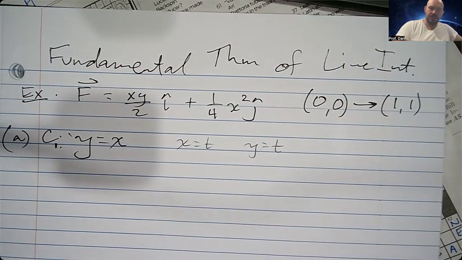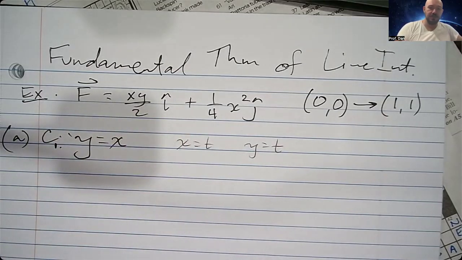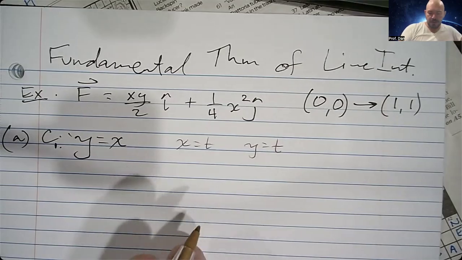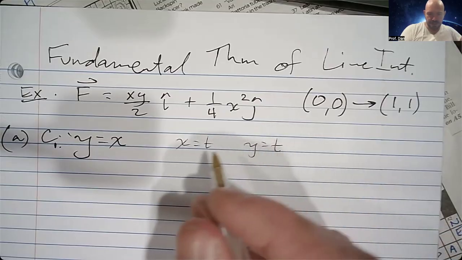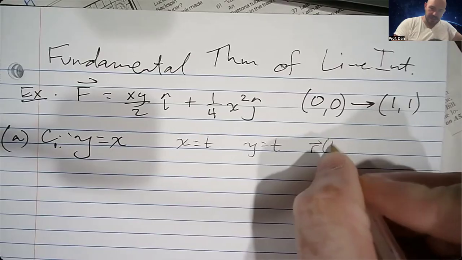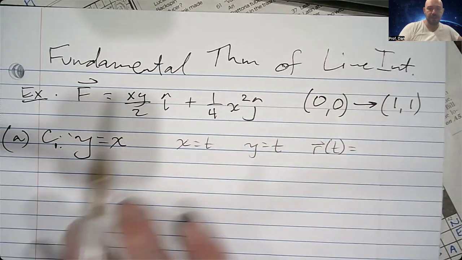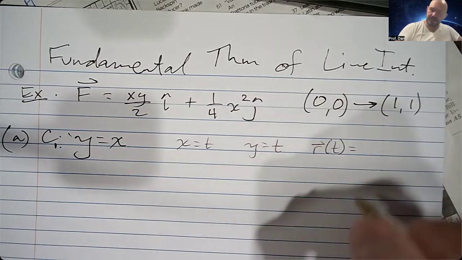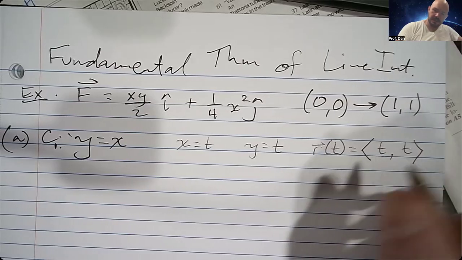If we want to, though, we could also rewrite the entire thing in terms of either just x or just y, and there would be a similar pathway that leads to the same answer. Right, but anyway, if I go with what we've been doing, writing parametric equations, x equals t, y equals t, that tells me that r of t, the vector valued function that describes the path or the line that we're integrating over, is given by this.